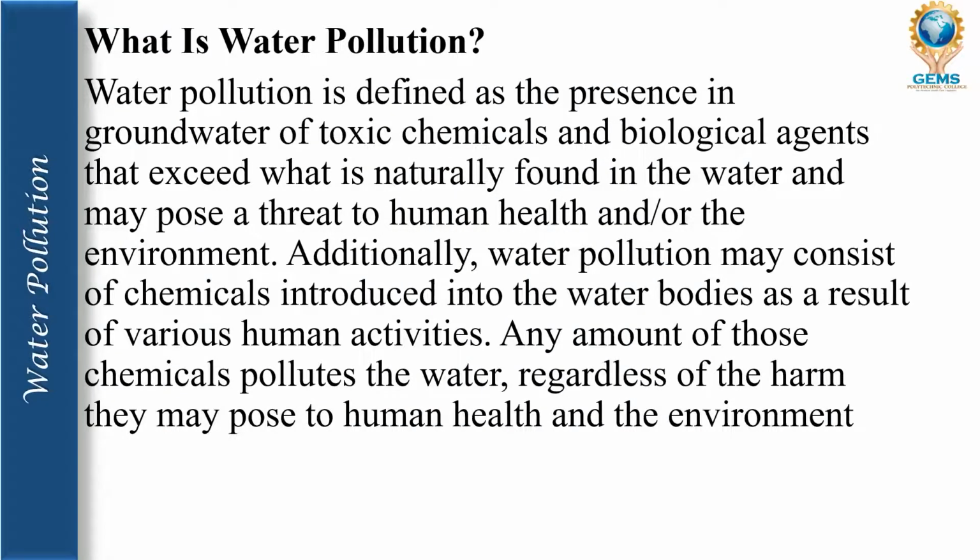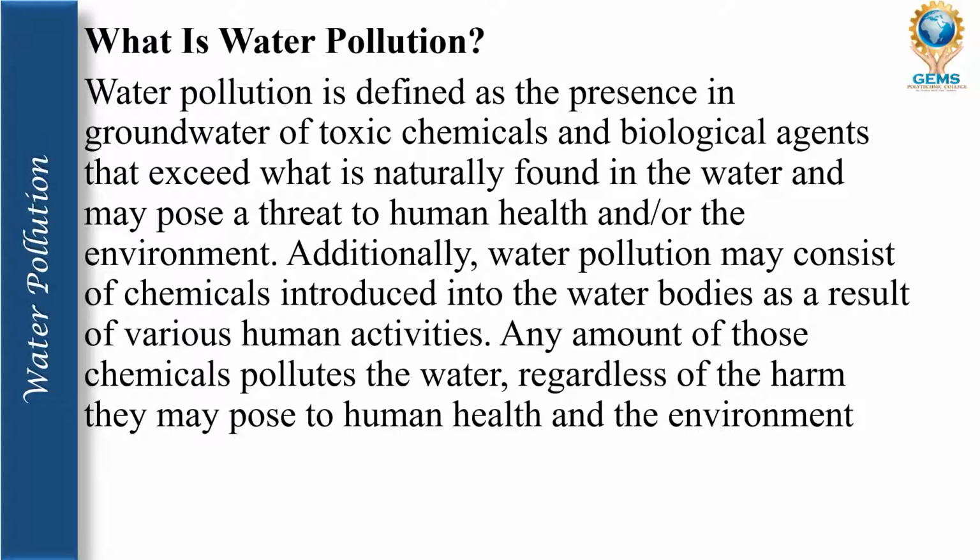So what is water pollution? Water pollution is defined as the presence in the groundwater of toxic chemicals and biological agents that exceed what is naturally found in the water and may pose a threat to human health and or the environment. Additionally, water pollution may consist of chemicals introduced into the water bodies as a result of various human activities.